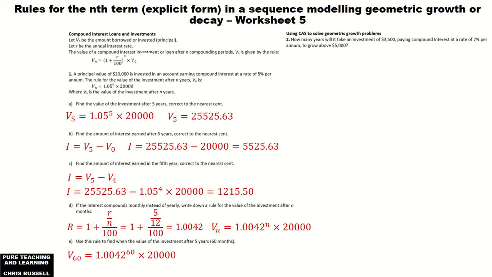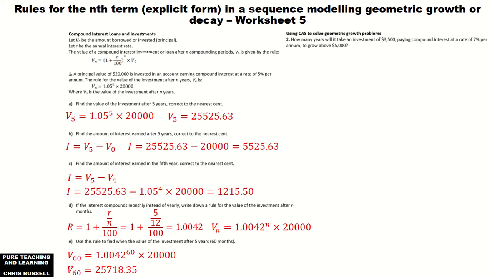So the question was asking us to find the value of the investment after 5 years, or really use this rule to find the amount of the investment after 5 years. I think that's what it's actually meant to say there. So we just substitute 60 there and we should get $25,718.35.